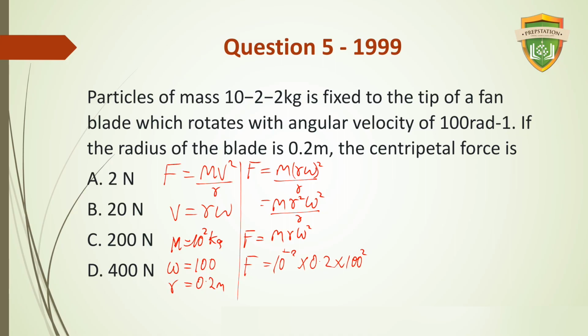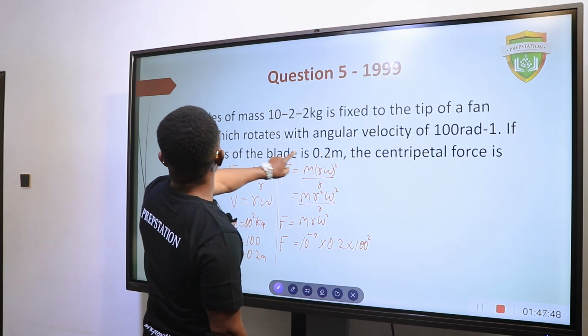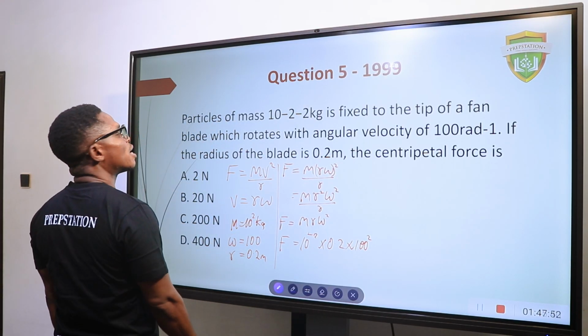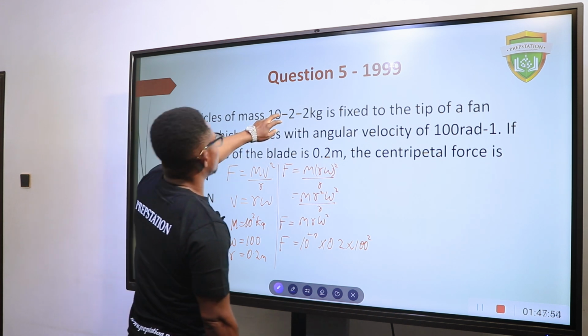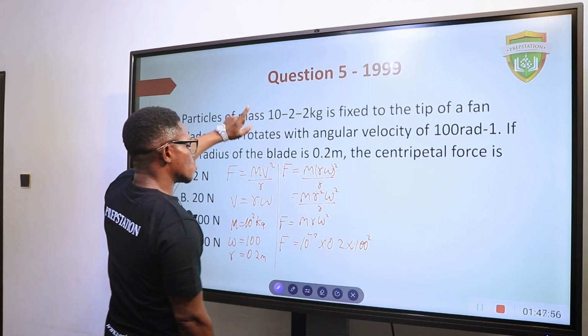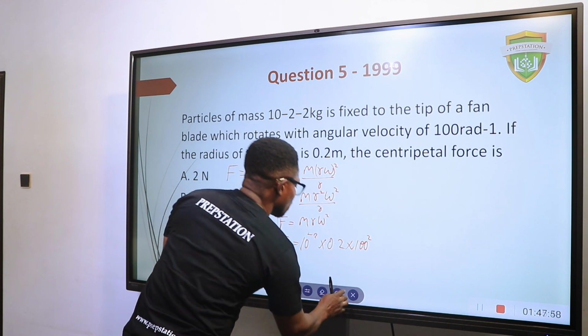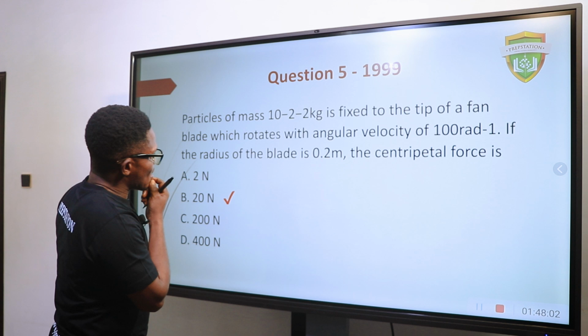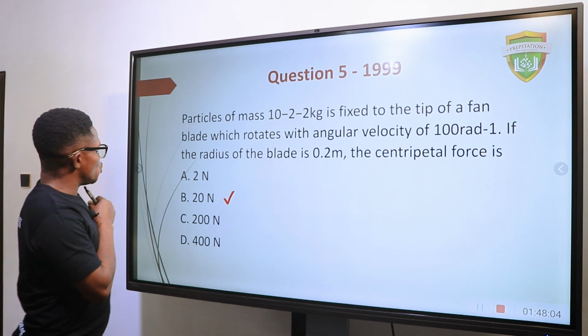So if you play with all of this, you will get the answer for the centripetal force. Let me be sure. The blade is 0.2. Yes, 100 rad and what else? 10 raised to power minus 2 kilogram. Okay, all right. So if you do all of that, you get your answer as 20 Newton.